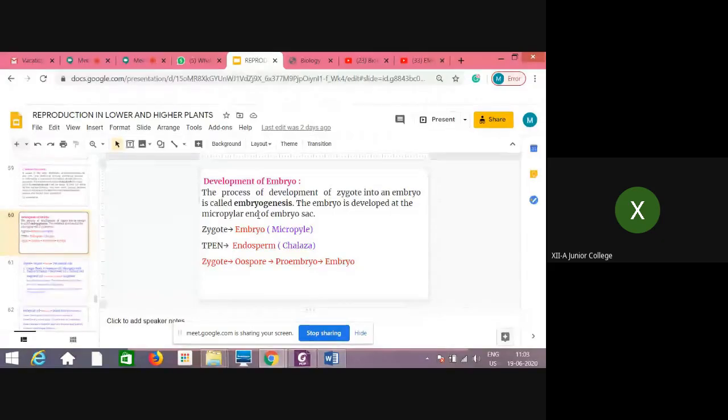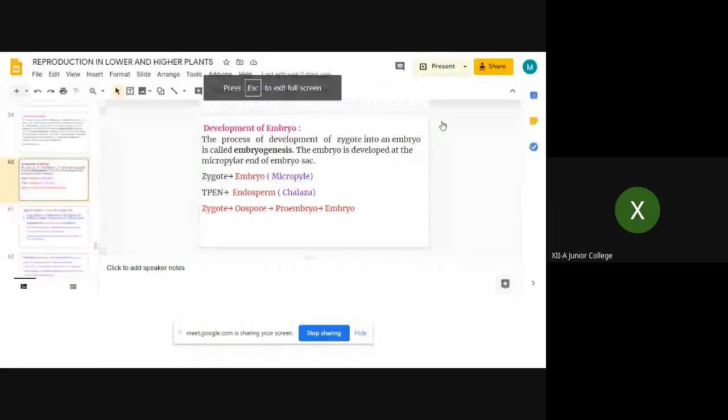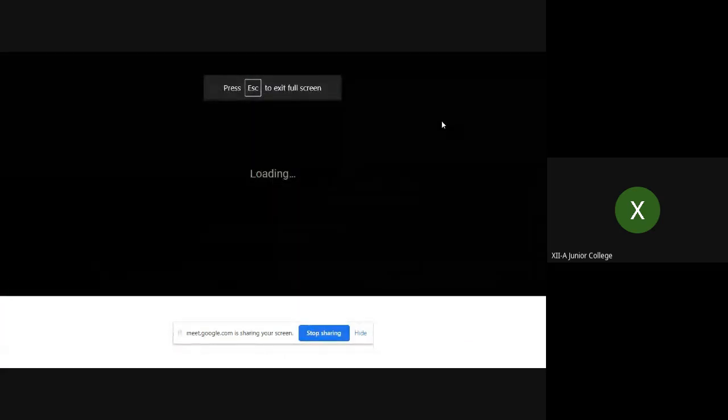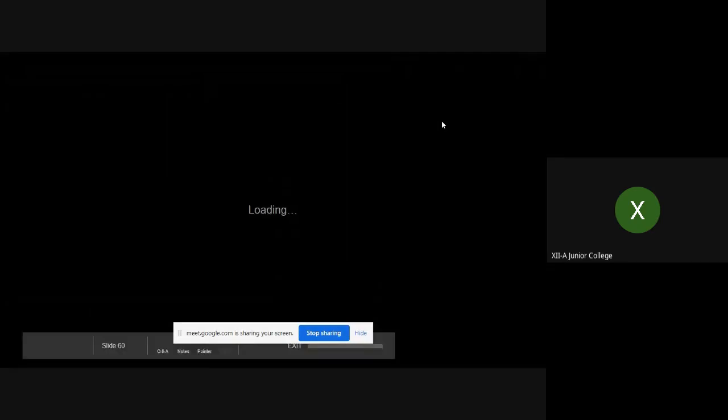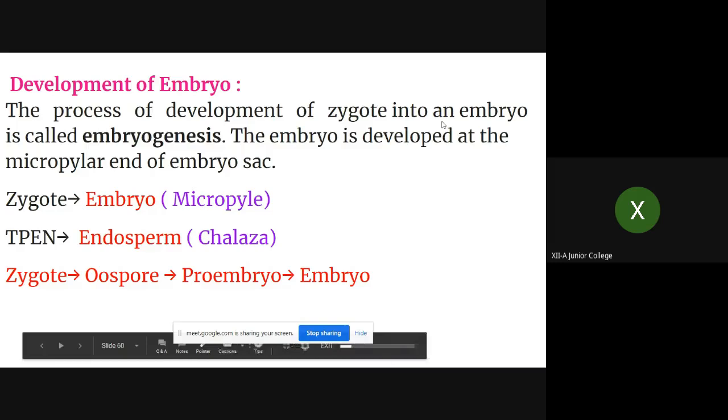Last time we studied the different types of endosperms. Now we will come to the result of fertilization itself, the embryo.